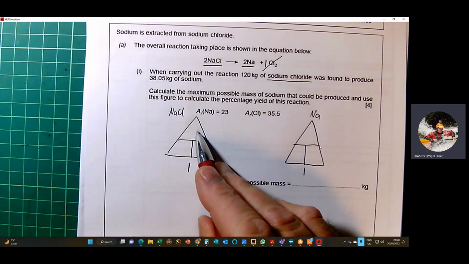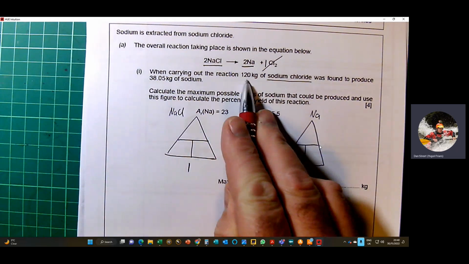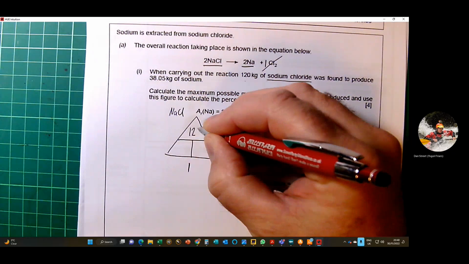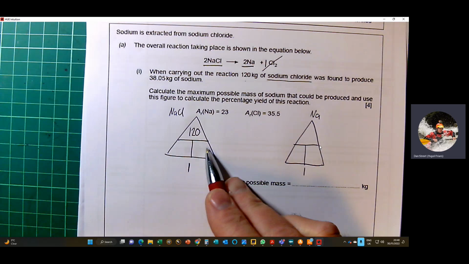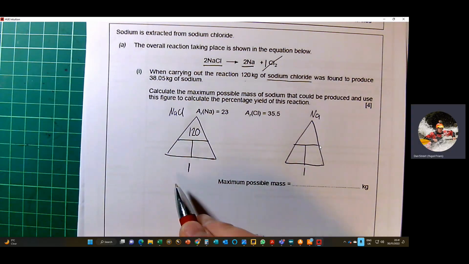So if we fill the triangles in with the information that we've got, we're told in the question that there's 120 kilograms of sodium chloride. We want to know how many moles of sodium chloride that is equivalent to. So we need to know the MR of sodium chloride.